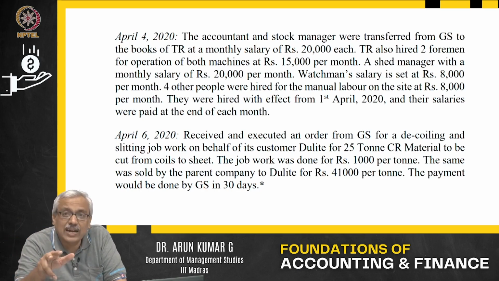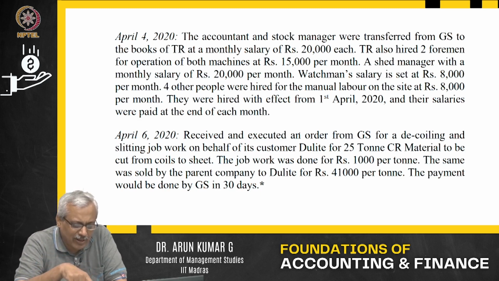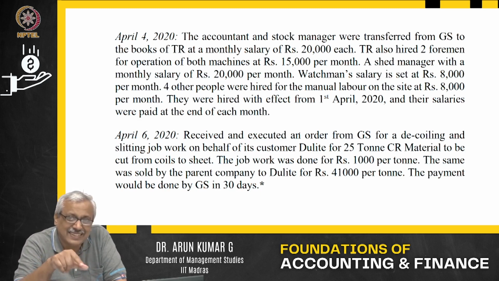It is executed, you have performed the job. An order from GS for a decoiling and slitting job work on behalf of its customer, etc. The same was sold by the parent company to Dulite for 41,000 per ton. The payment would be done by GS in 30 days. There's a star there, an asterisk mark out there. We'll worry about the asterisk later.